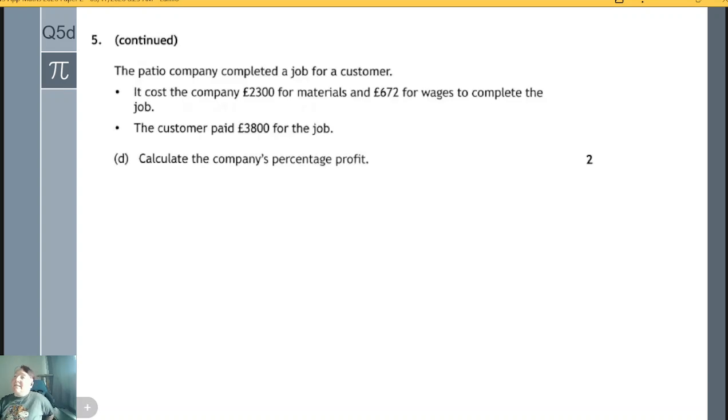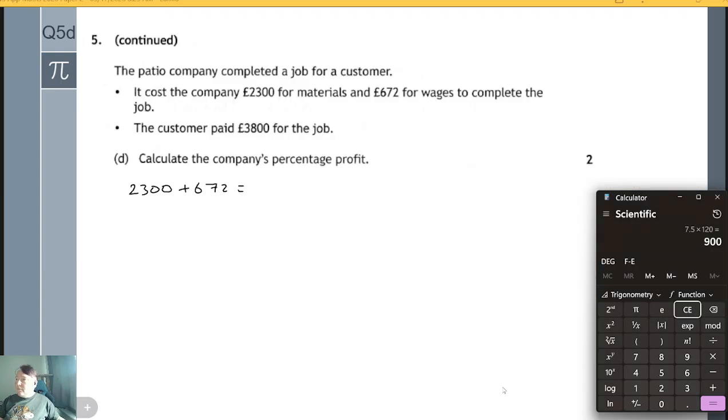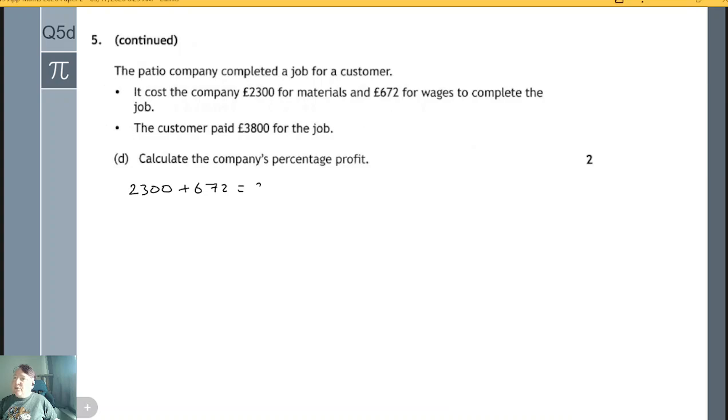The patio company completed the job for a customer. It cost the company £2,300 for materials and £672 for wages to complete the job. The customer paid £3,800 for the job. Calculate the company's percentage profit. Well, first of all, let's work out what the company had to pay out in the first place. So 2300 plus 672. I don't like the wording on this question. 2972.